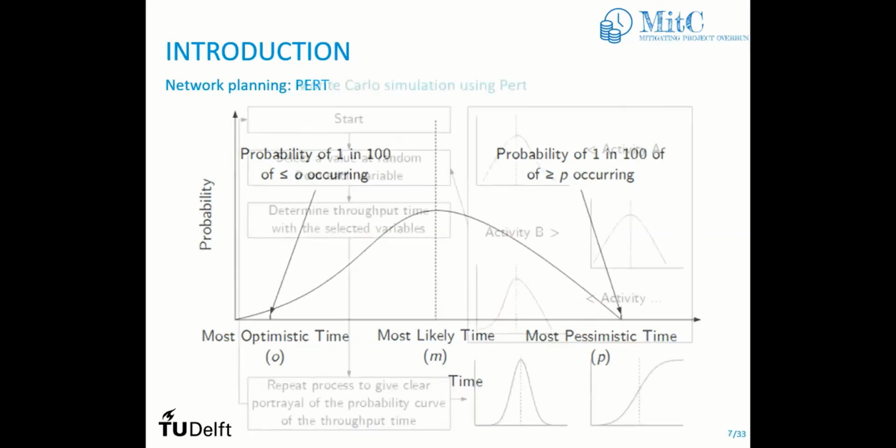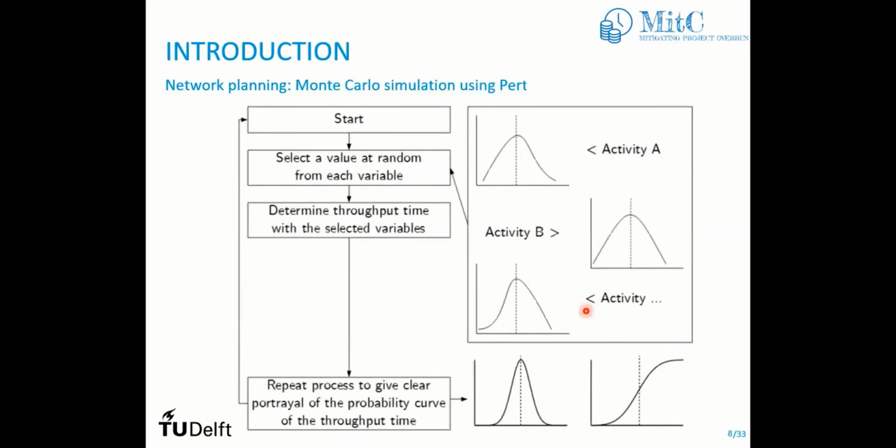Now this brings me to something called Monte Carlo simulation. Monte Carlo simulation is made of several iterations of computations. In this first iteration, for every activity, for example activity A, activity B, and activity C, we assign a probability distribution for duration, and in every iteration we randomly select one duration.